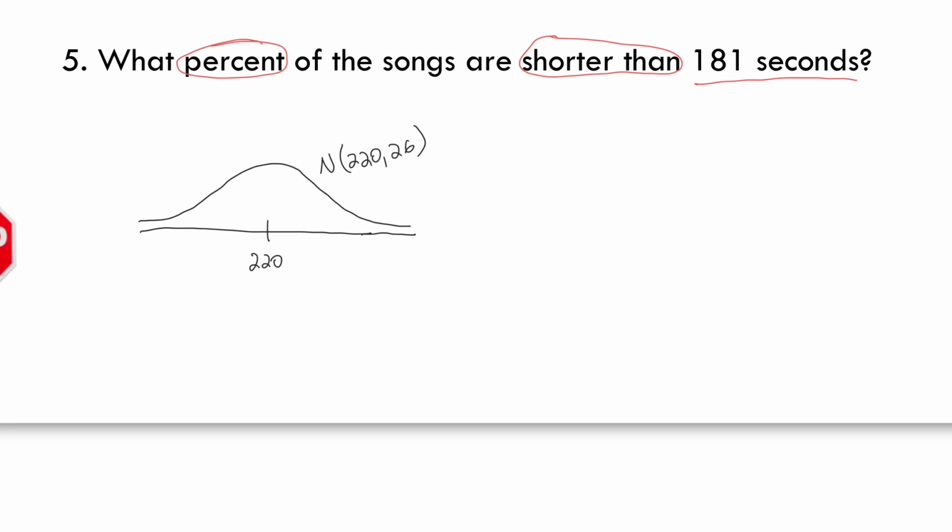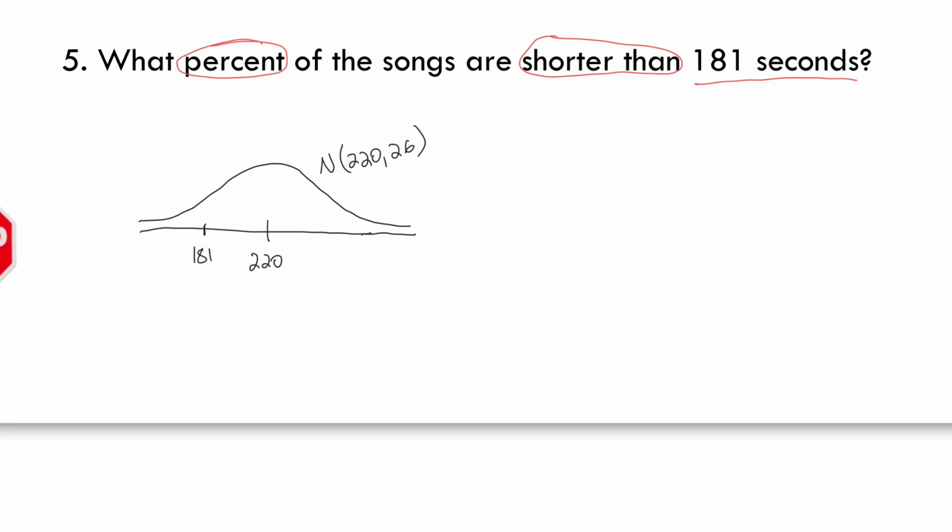The value given to us is 181 seconds. If the mean is here at 220, then 181 should be somewhere on the left side, below 220. You can approximate and label it right here, 181 seconds.